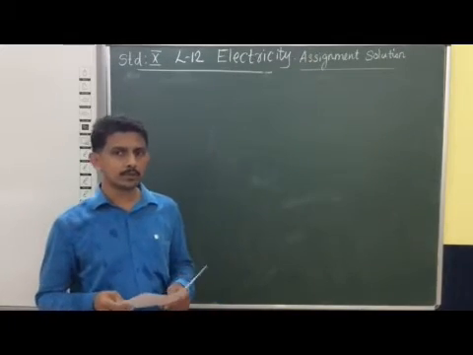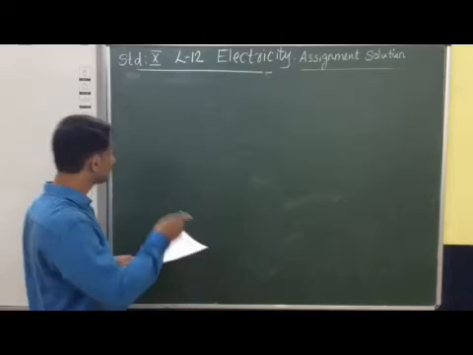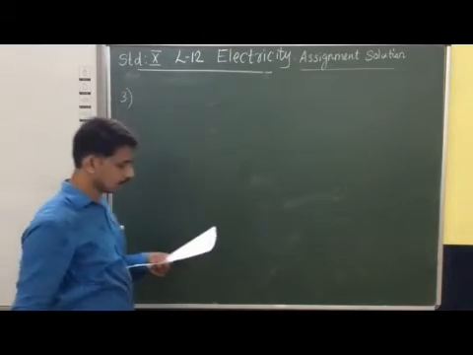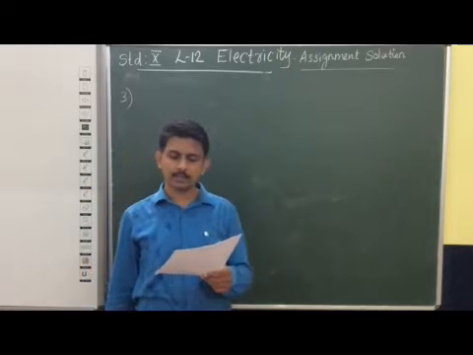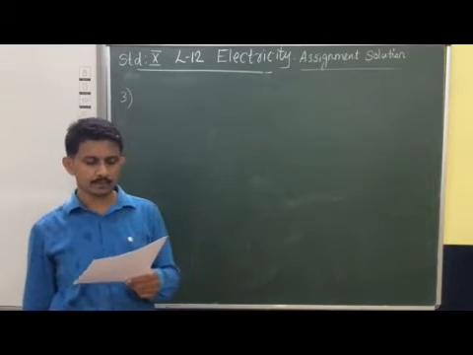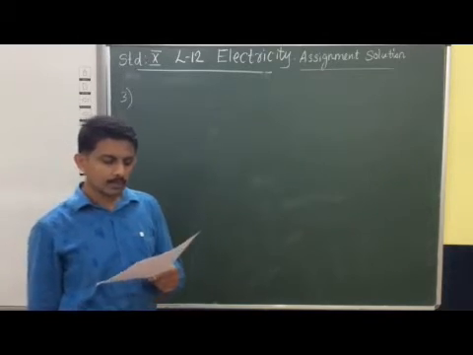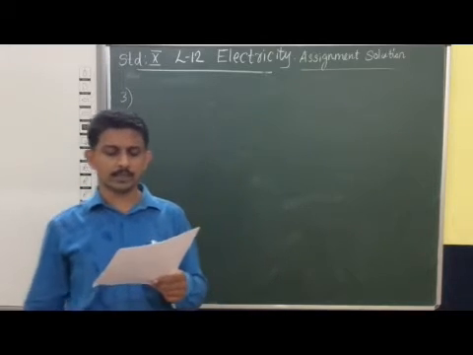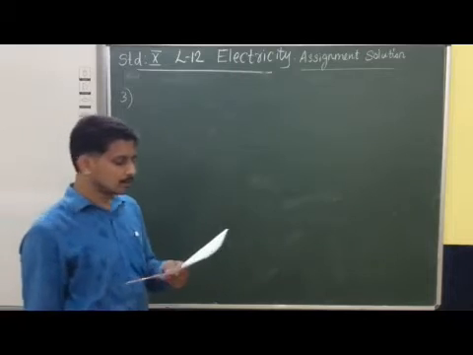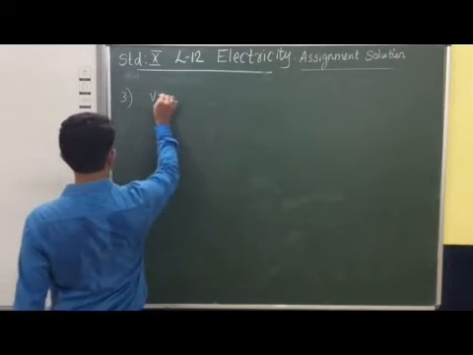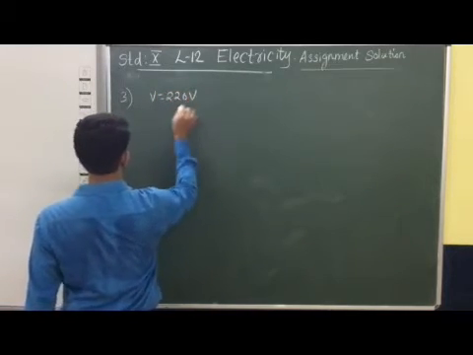Now we will discuss our question number 3. An electric heater is used on a 220 volt supply and takes a current of 5 ampere. What is its power? And what is the cost of using the heater for 30 days if 1 kilowatt hour costs 50 paisa? In this question voltage is given, that is 220 volt.